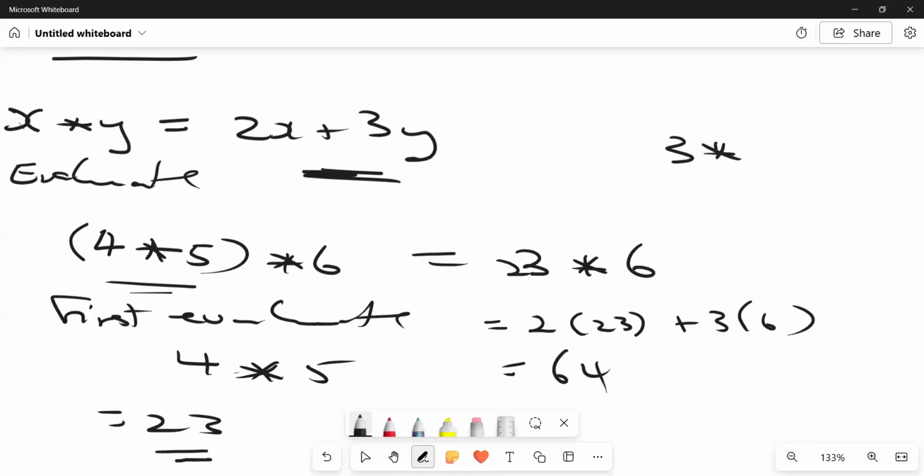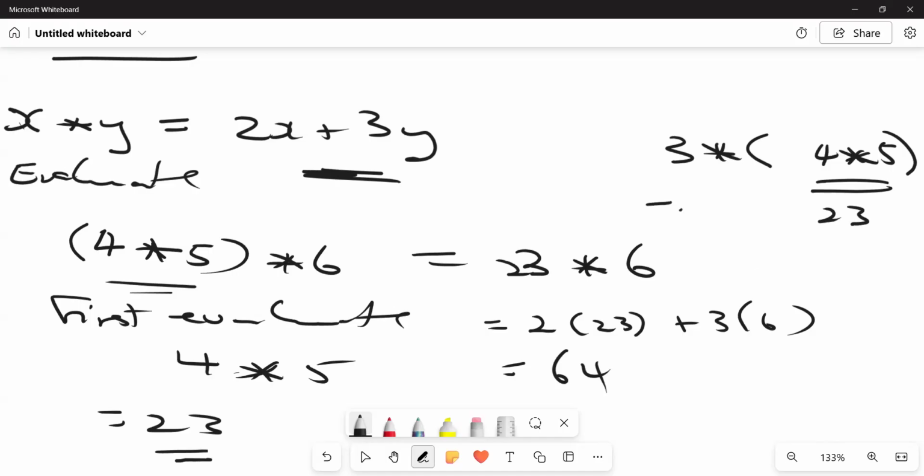3 asterisk 4 asterisk 5. Right? So what you do, remember, you do the brackets first, following the arithmetic rule. So this we evaluate to be 23 already.